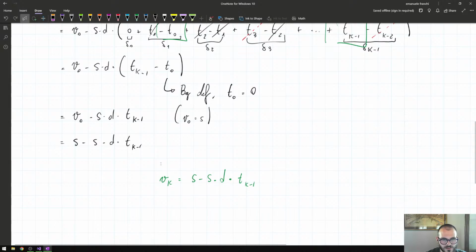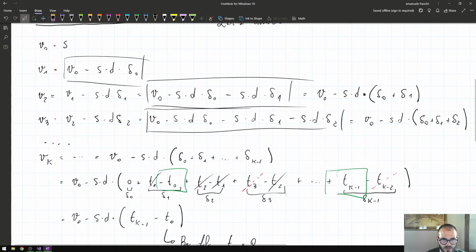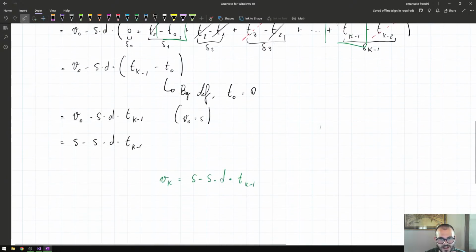So it's basically the same as doing that, which is cool. I will write this because it's way simpler. Obviously we don't have that, but we can simply use the deltas.